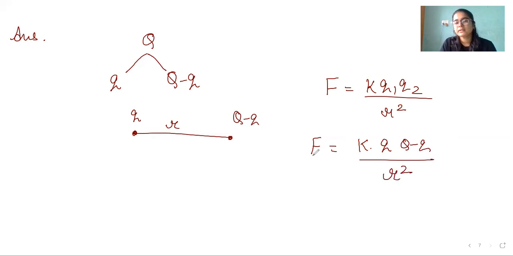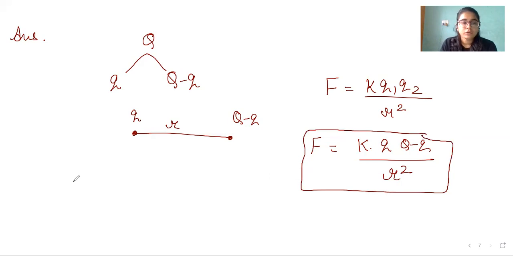Now, as you can see, this R is constant because separation is constant. This K is also constant. This capital Q is constant, but this small q is not constant. From here, you can say the force is depending on this small q charge. It is also told in the question that the force is maximum.